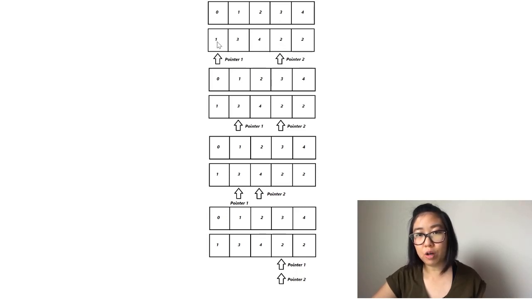So pointer 1 is at index 0, and it will go to the number at index 1, which is 3. And then pointer 2 will go to the number at index 2, which is 4. And it will keep doing that until it reaches an intersection point again. This time it will stop when it reaches the same index. Once we get to the same index, which is index 3, we find that our duplicate number is there, and the duplicate number is 2.